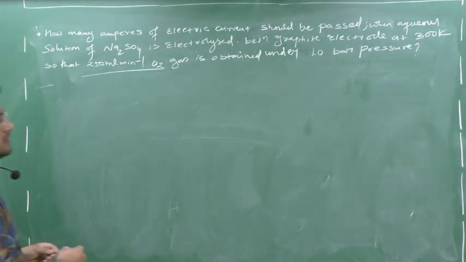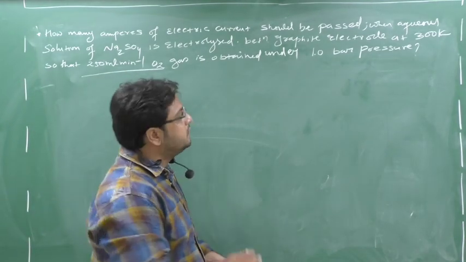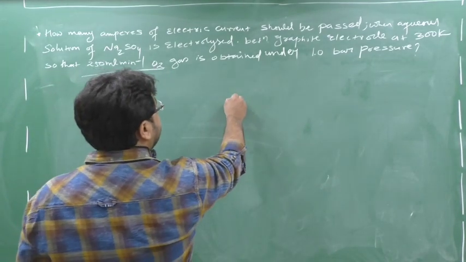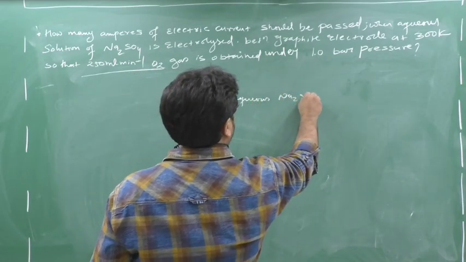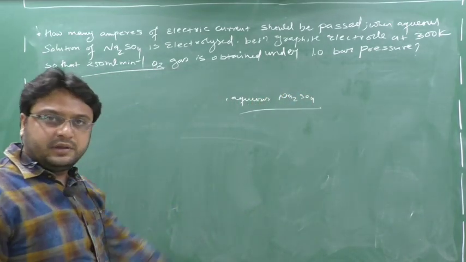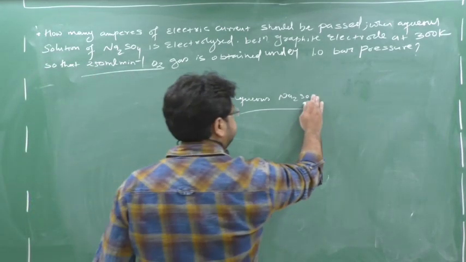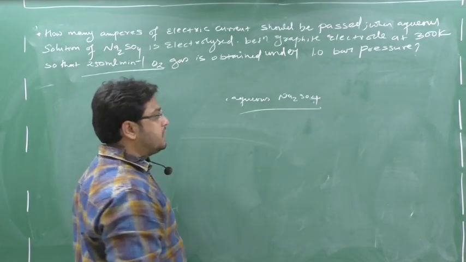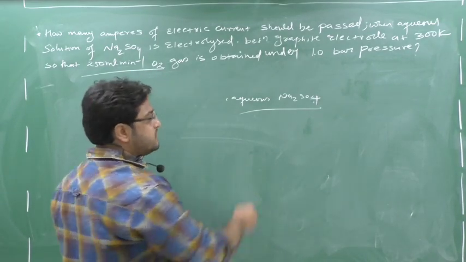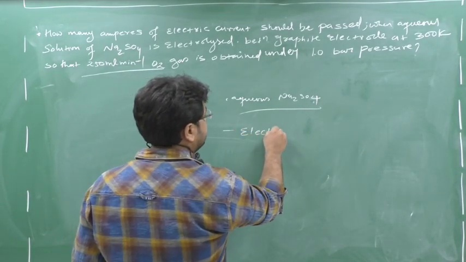Now see here, students. First I will do the summary part. They are telling the aqueous Na2SO4 electrolyte, and they are doing the electrolysis of this. But we know that electrolysis of aqueous Na2SO4 is actually electrolysis of water only.